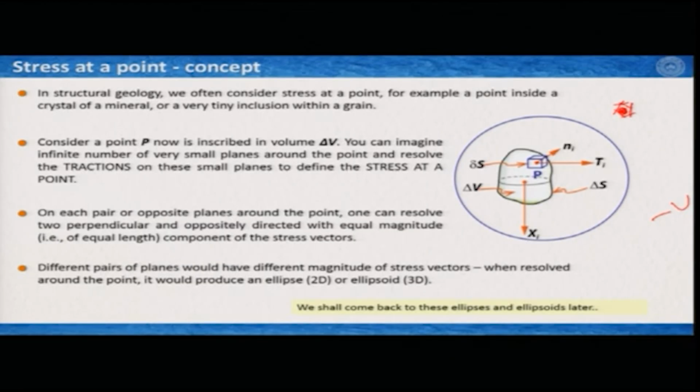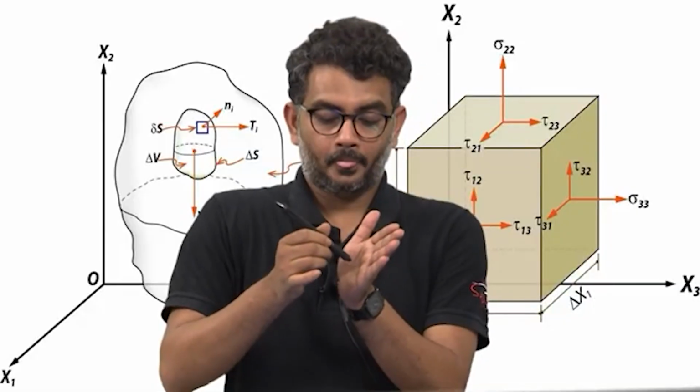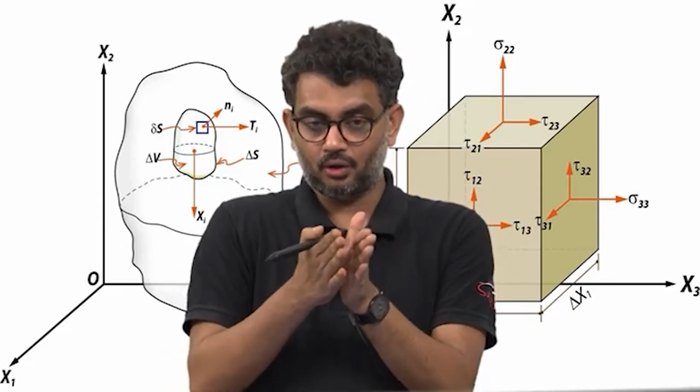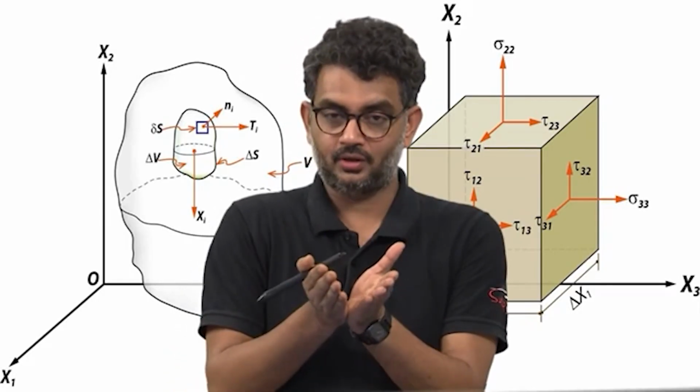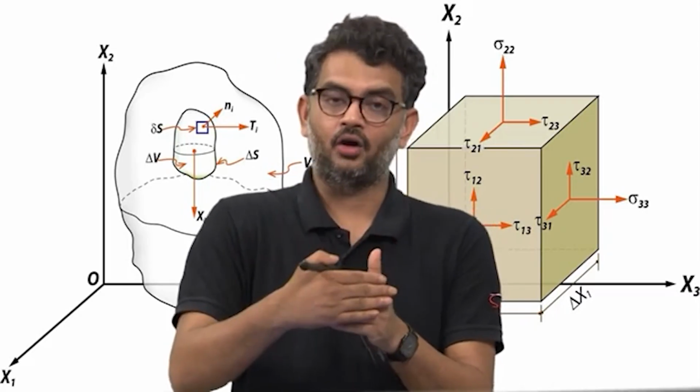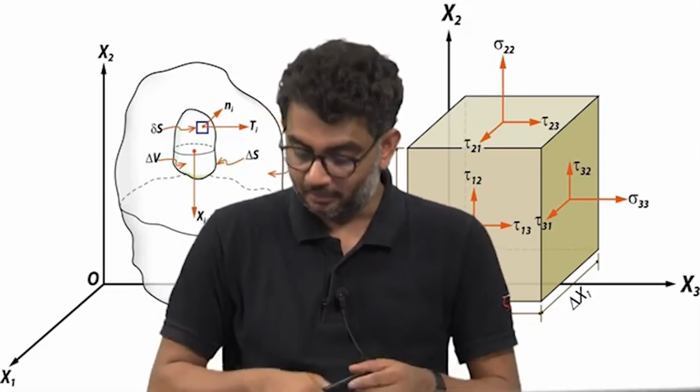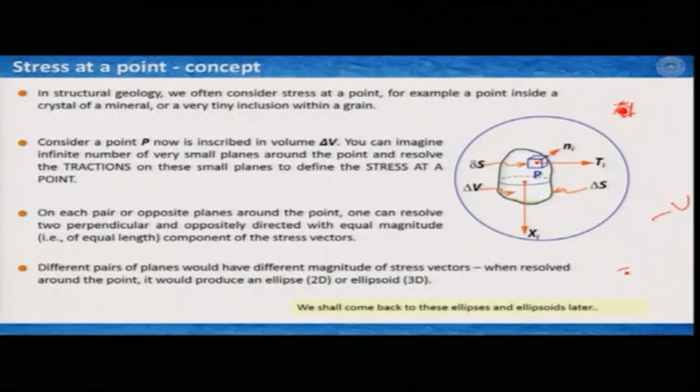Now, if I have a little point here and I have two planes oppositely directed, and a force is acting on this plane, then it is highly possible that these oppositely directed magnitudes are equal, but with another pair of oppositely directed planes the magnitude may be different. That means, if I have a point here, I have two surfaces, it may be acting like this.